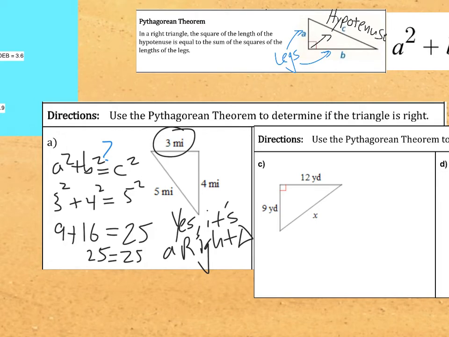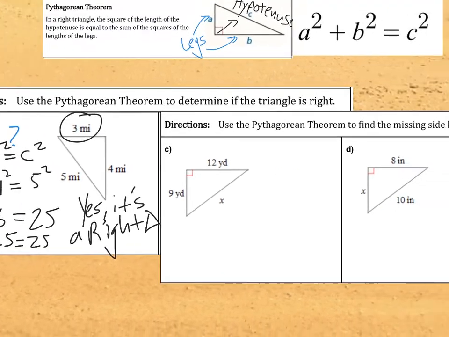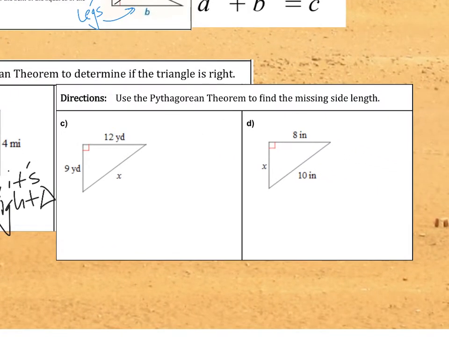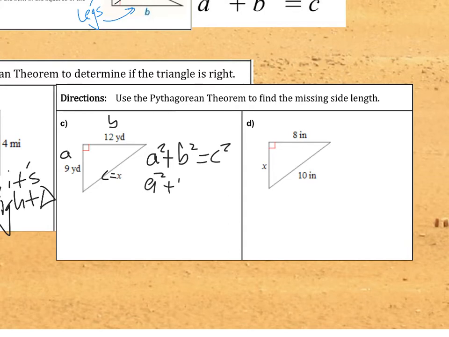All right. Cool. Well, we can also use it to find a missing side. So we have our A, B, and C. We've got our formula, and maybe we'll call these A, B, and call this side C. And so we've got 9 squared plus 12 squared equals x squared.